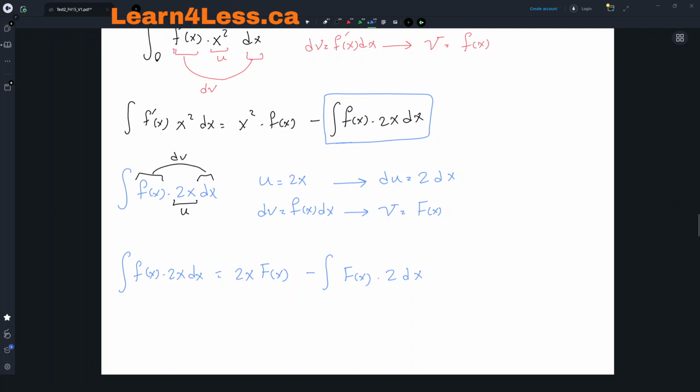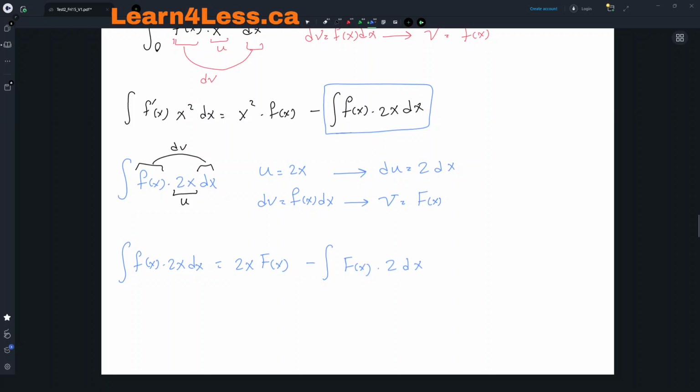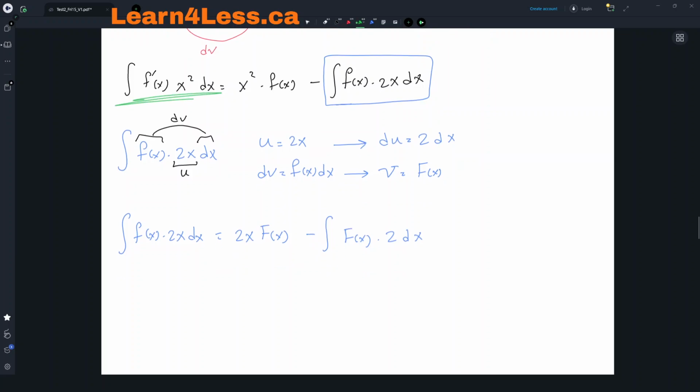Let me write everything together. The original integral we started with is the integral of f prime of x times x squared dx. It is equal to x squared times f of x, minus this integral.